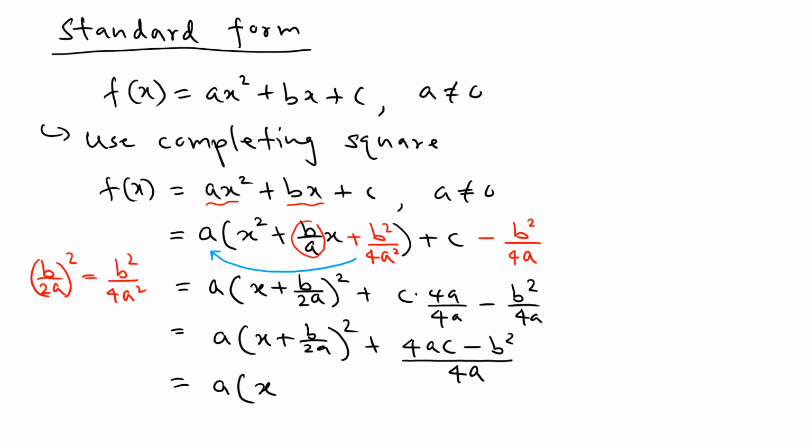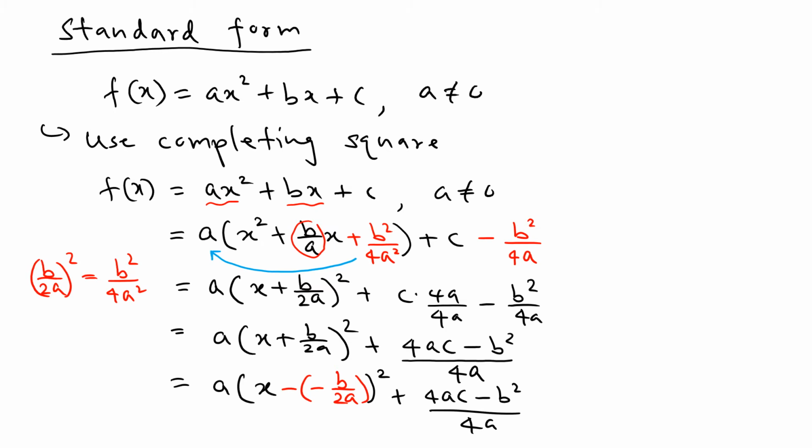We normally write x with the minus sign. So that means we're going to say minus minus, because it's a plus sign, so it's x minus minus b over 2a. That's how we normally write it. And then we have squared plus, we don't do anything here, so 4ac minus b squared over 4a.